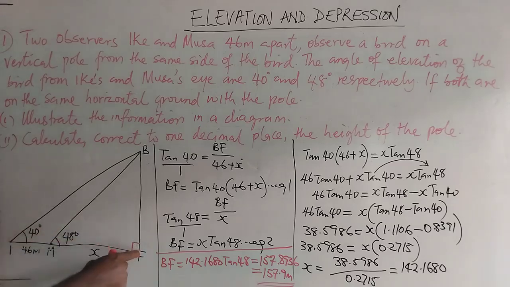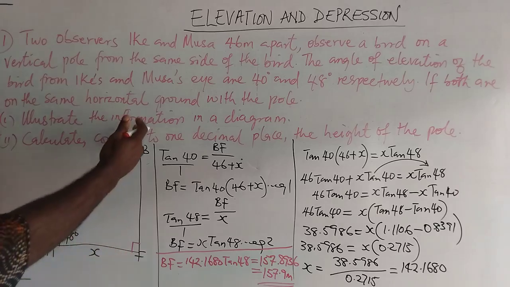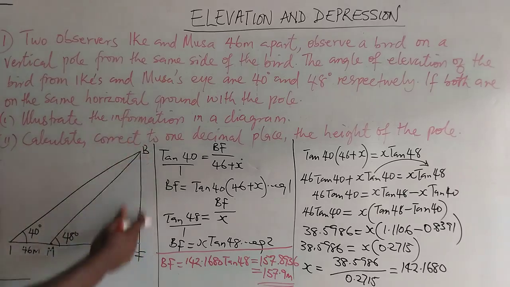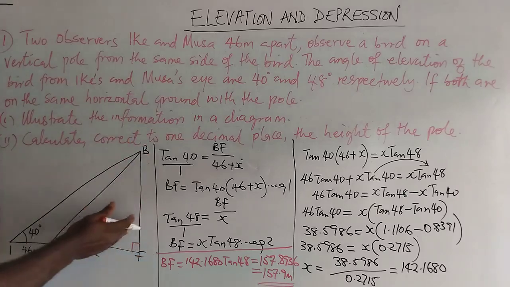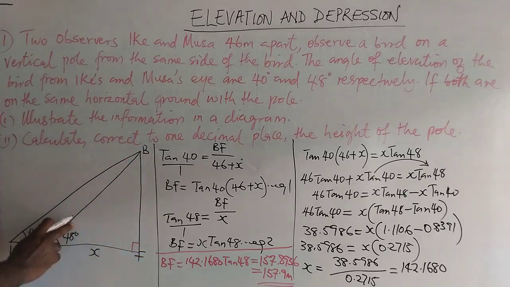You place it closer because 90 is here. This is 90 degrees. As you are moving away from 90, you will meet 48 first before you meet 40. So that's why we'll have 48 here before we'll have 40.